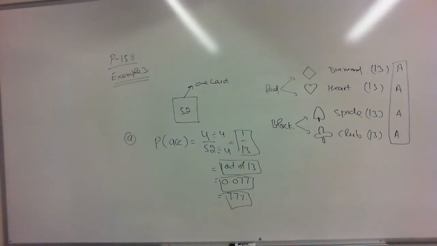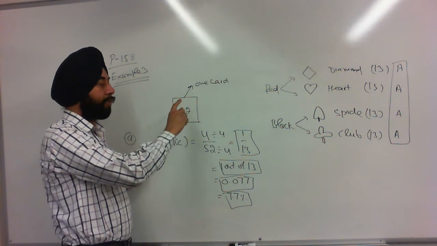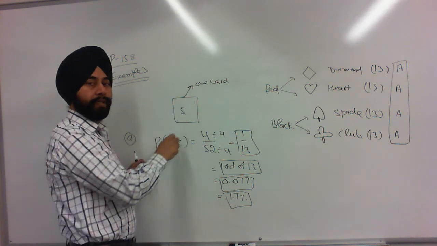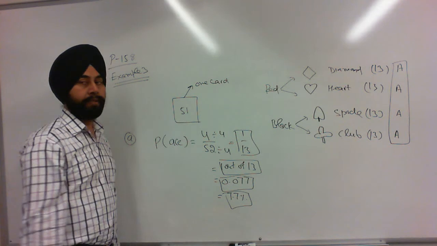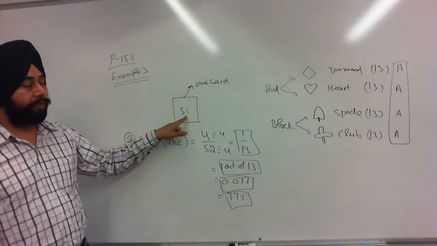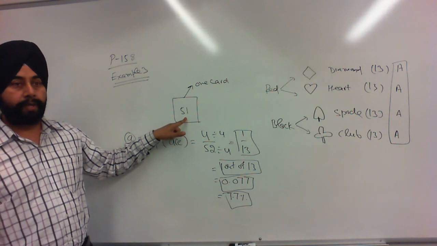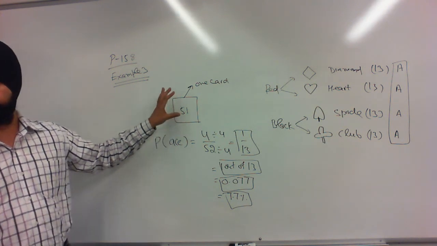Now in part B, on her second draw, again remember that the card that she drew, she didn't replace it. That means you will now have only 51 cards left. If you put that card back into the deck, you would again have 52. But she didn't replace it. So you now only have 51 cards remaining in the deck.